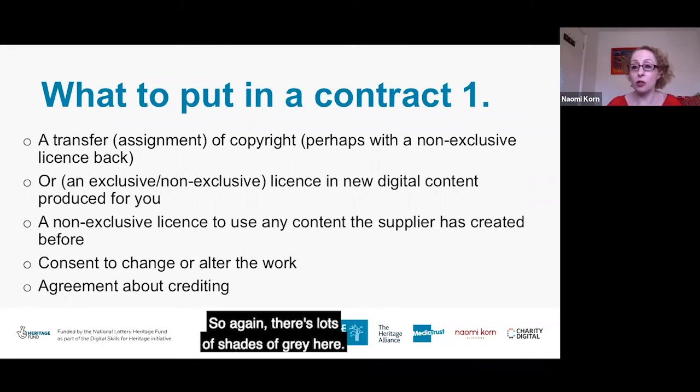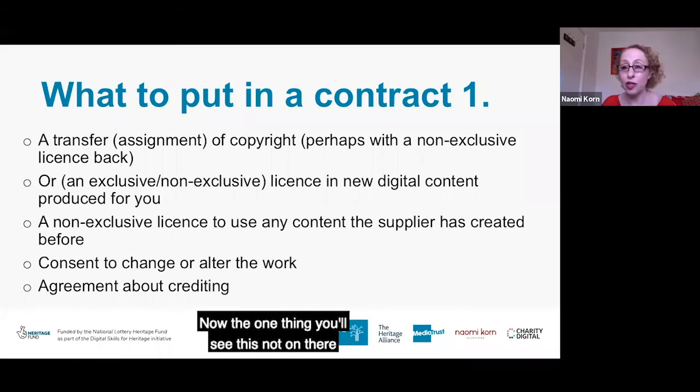So again, there are lots of shades of grey here. An assignment could be for a certain period of time even, or for certain territories, and then revert back to the supplier if the heritage organisation no longer needs it. And I think this is a really important part of negotiation with suppliers that we really haven't dealt with very well as a sector, understanding that there are variants.